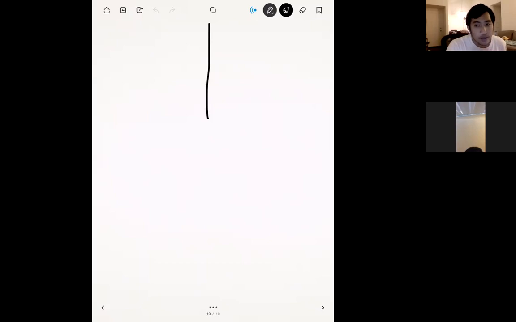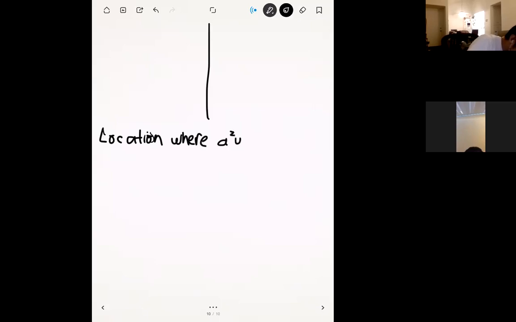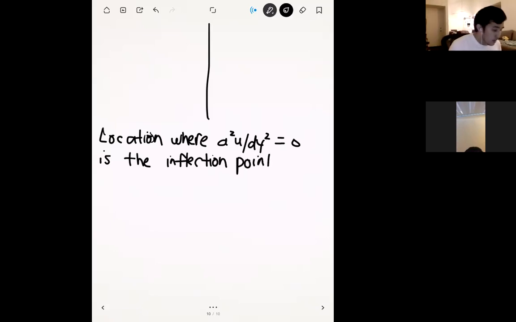It's the location where d squared u dy squared equals 0. That's the inflection.